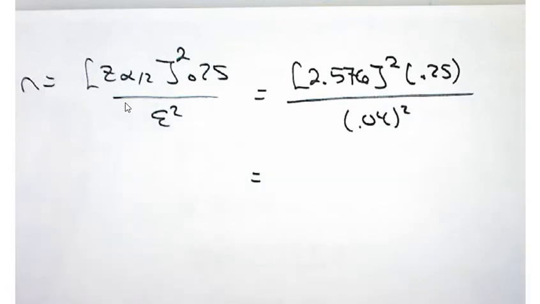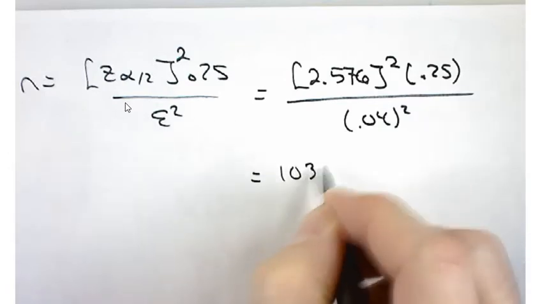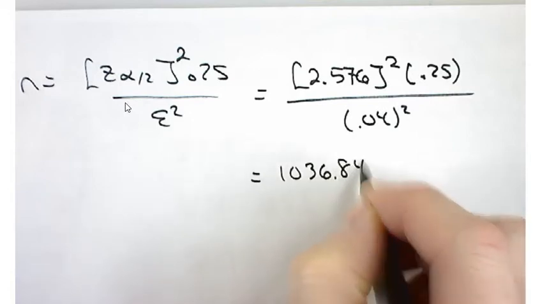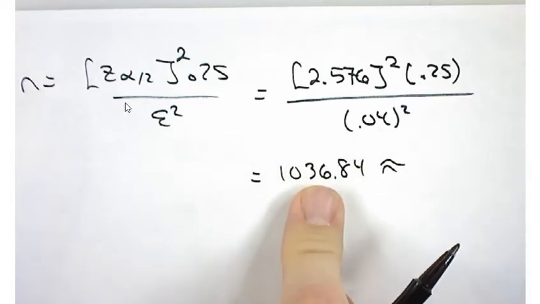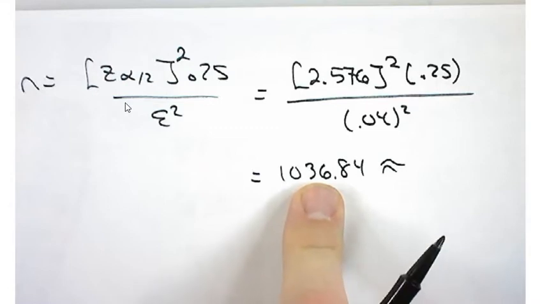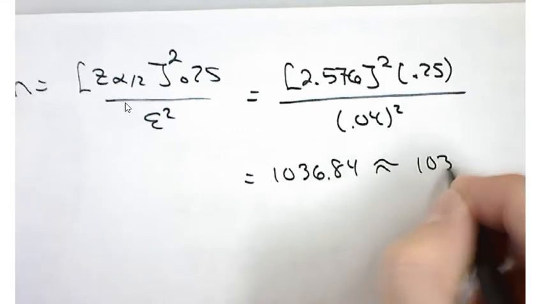What are you getting this time? What's the raw number? So you get 1036.84, but then it rounds up to 1037.